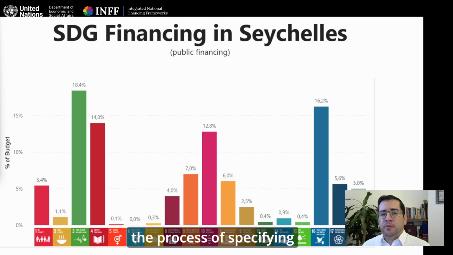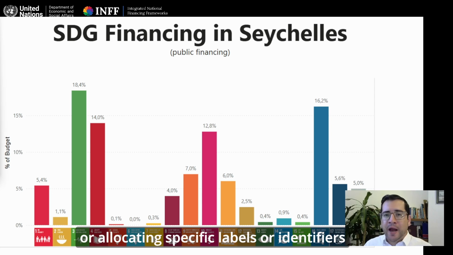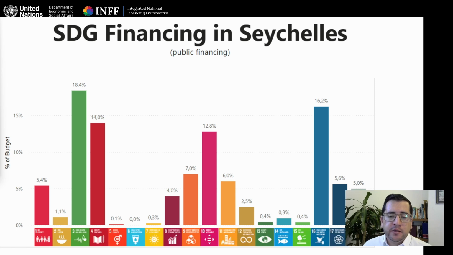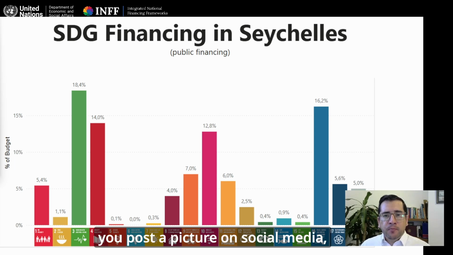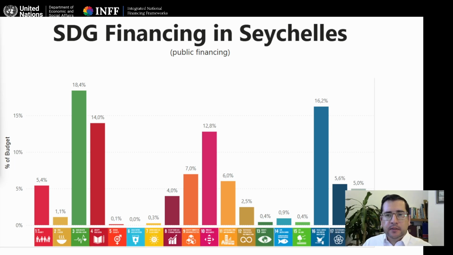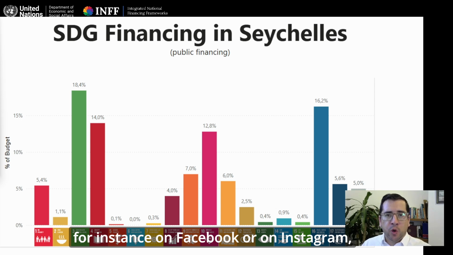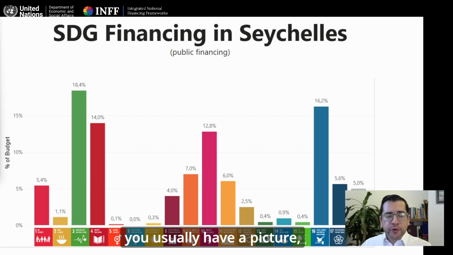Budget tagging is basically the process of specifying or allocating specific labels or identifiers to expenditures within a budget. The analogy that I like to use is when you post a picture on social media, for instance, on Facebook or on Instagram, you usually have a picture.